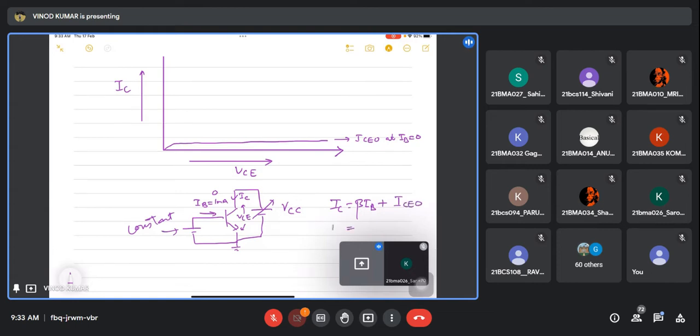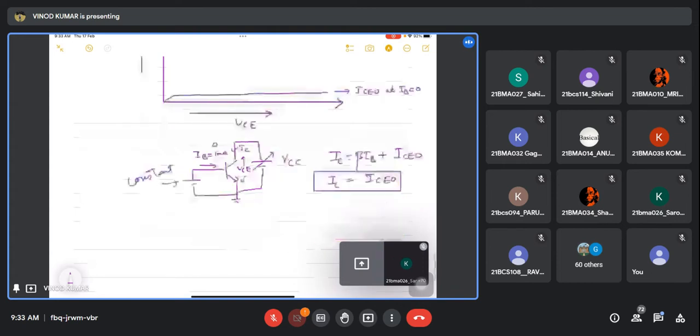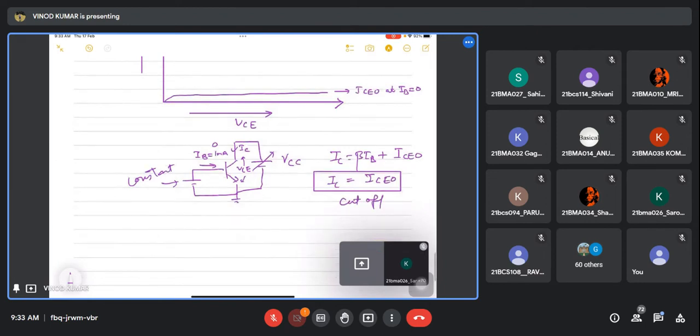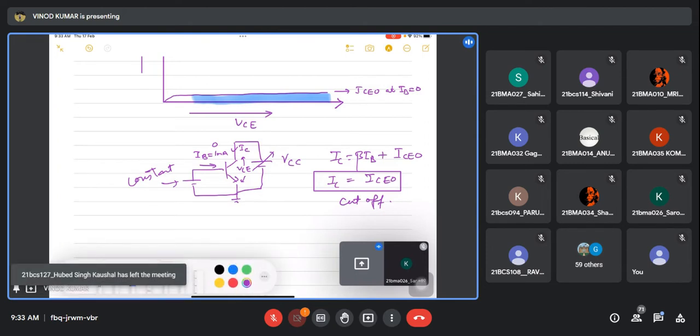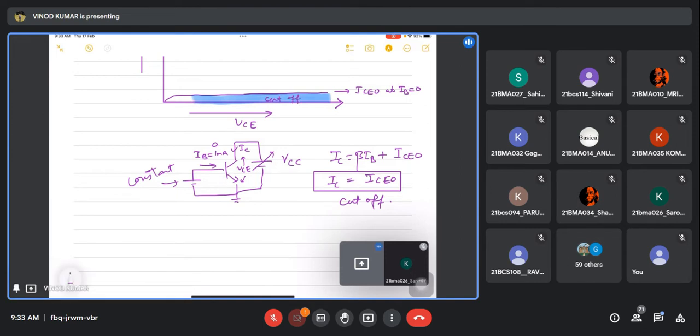So if IB is 0, IC should be ICEO, and this situation is cutoff. Okay, so this region of operation, this is nothing but cutoff. Fine.